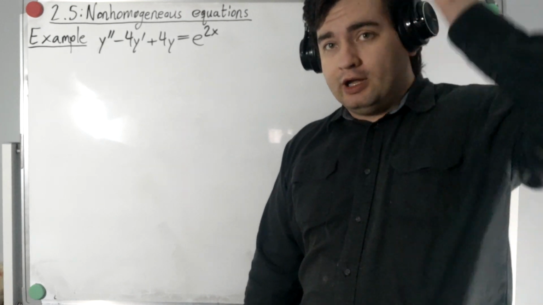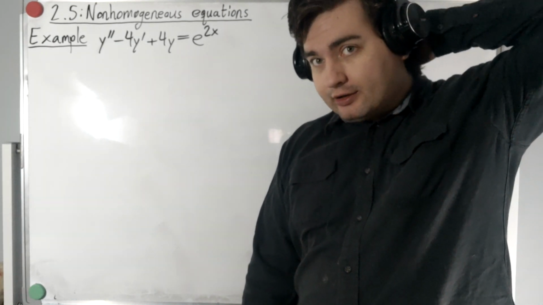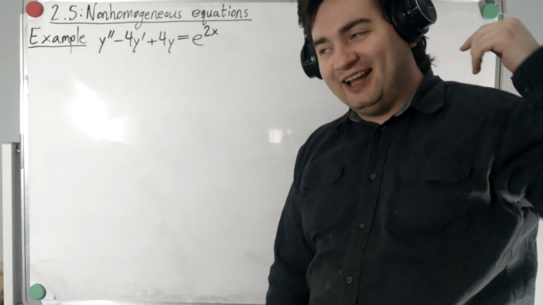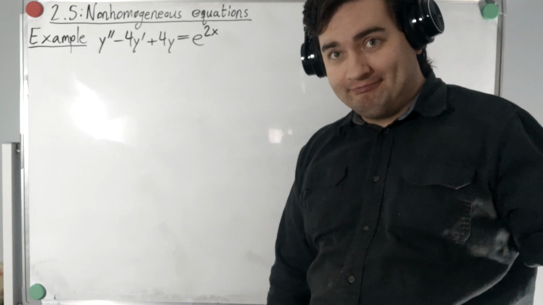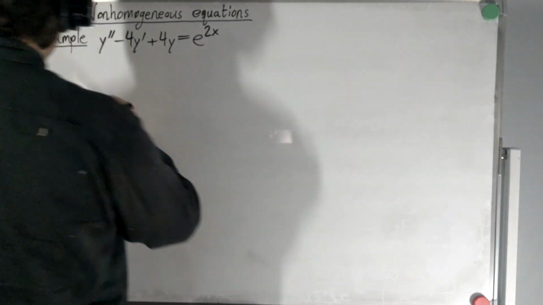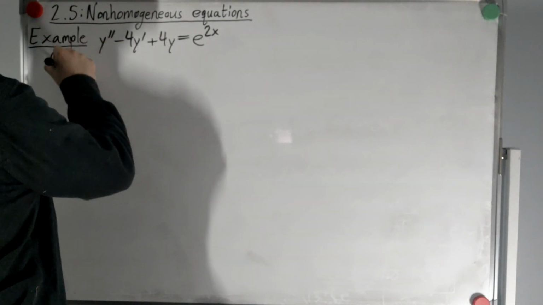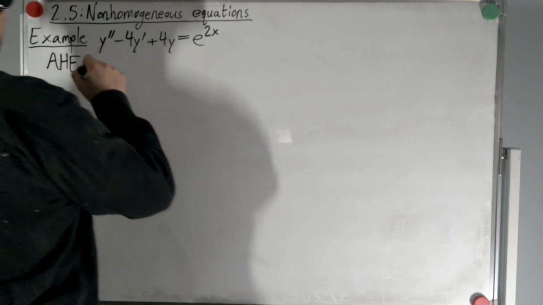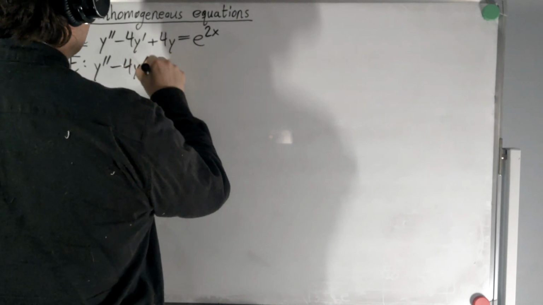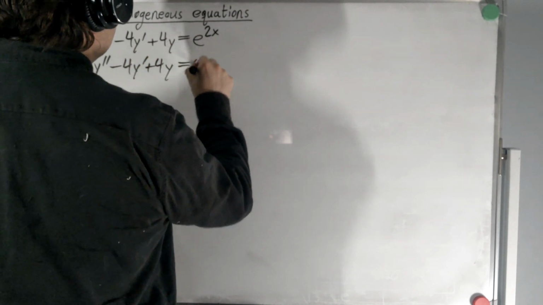Okay, well, definitely we're going to need the complementary family and a particular solution. So let's start with trying to find the complementary family. We need to look at the associated homogeneous equation, which in this case is y'' - 4y' + 4y = 0.